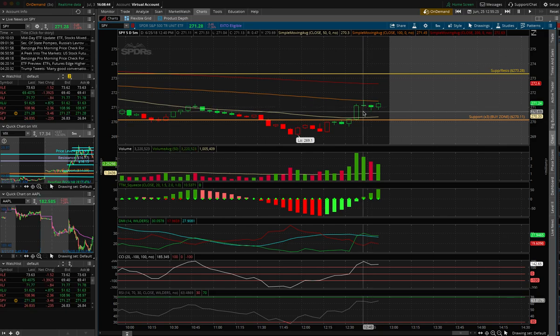Okay. And our target is going to be this resistance area, because we know that's good resistance, not good support.